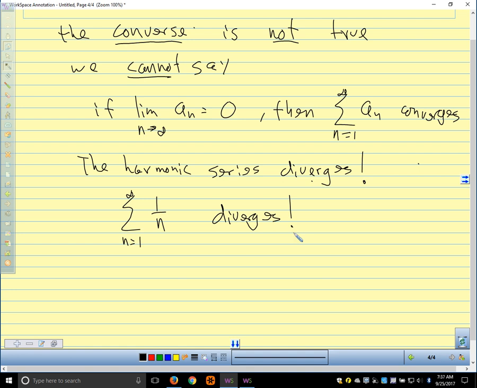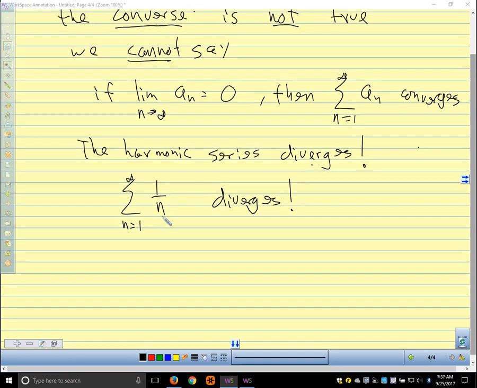It seems like it should converge because the terms get really small. It diverges very, very slowly, but it does diverge. So this is the example you want to remember if you decide you want to use this argument.